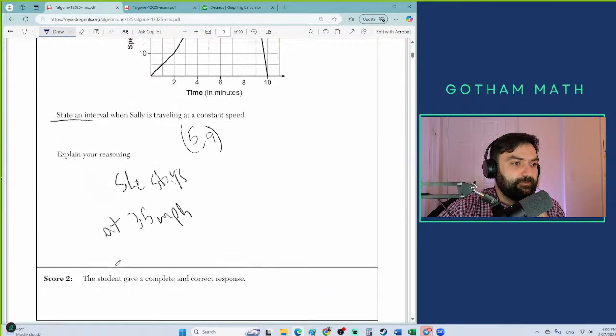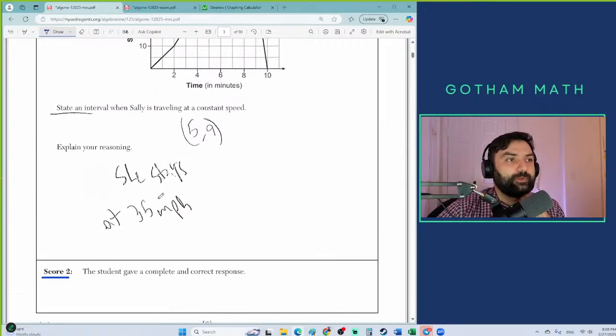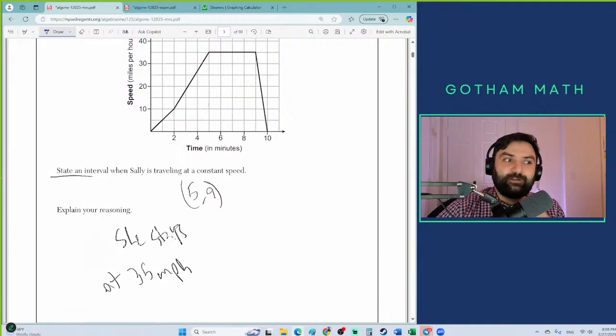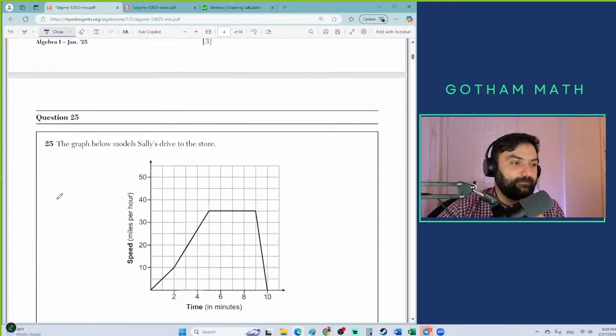Another score 2. Look at this. This person just wrote 5, 9 and then it says she stays at 35 miles per hour. Wow. This type of answer is walking on the sword's edge, to be honest. It could have easily been just 1 point.